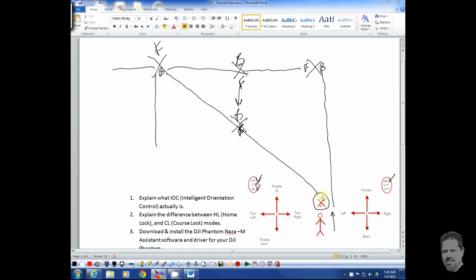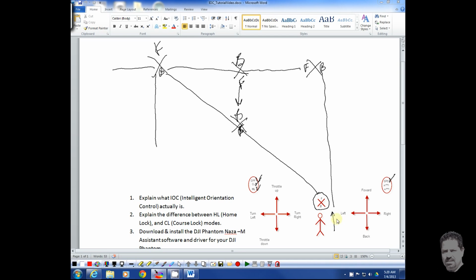Why is that? Because when it started, forwards was this way, backwards was this way, right was this way, and left was this way. So if you go into course lock mode, that's the way it's going to behave. That's how it's going to fly. And that's the difference between home lock and course lock. Again, it's used primarily to reestablish orientation.